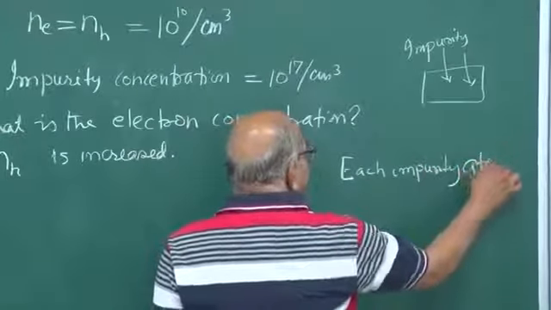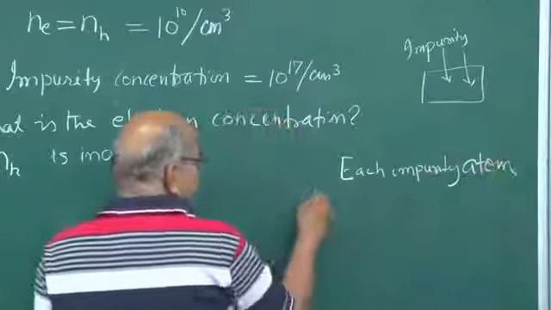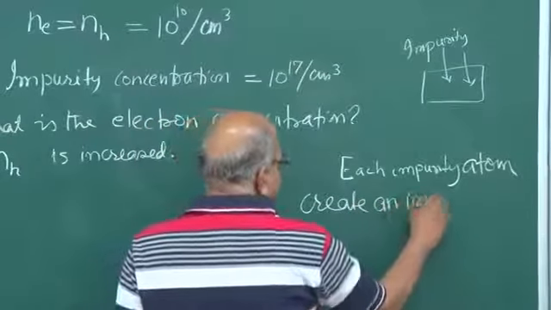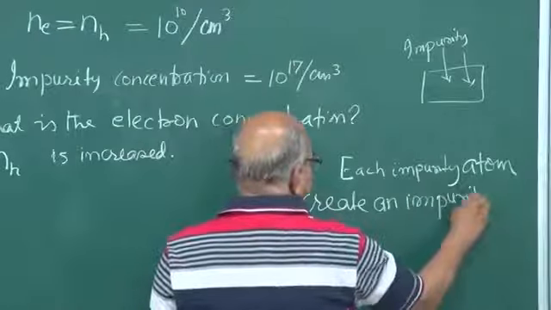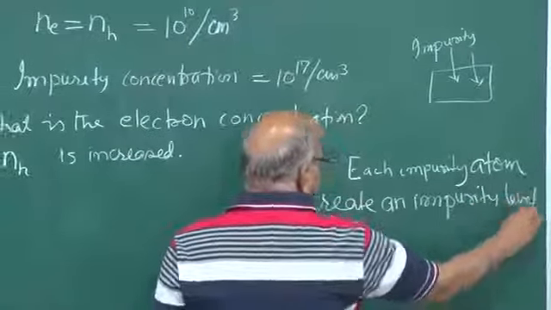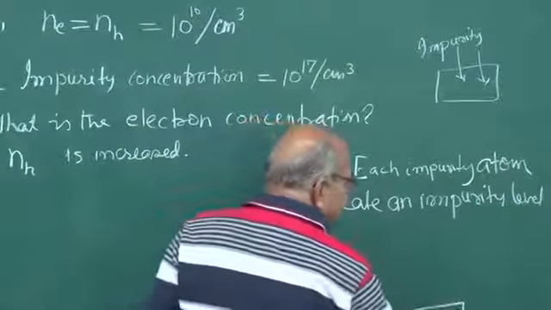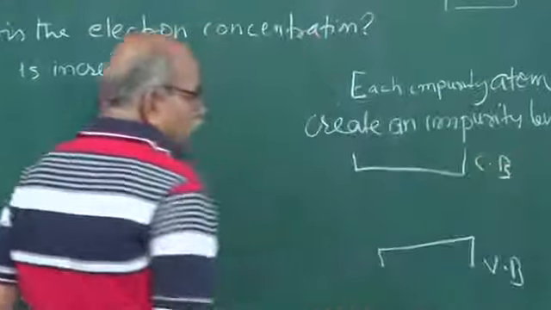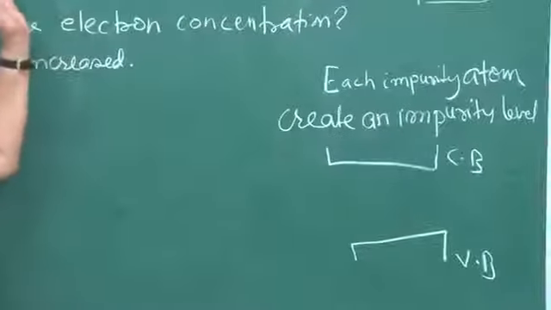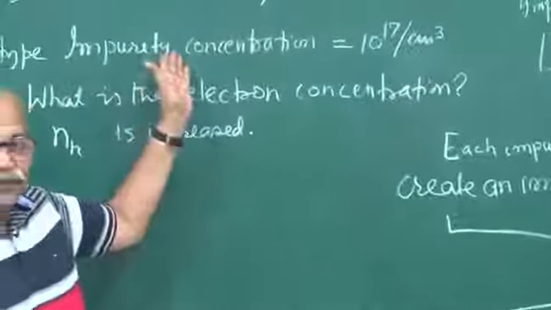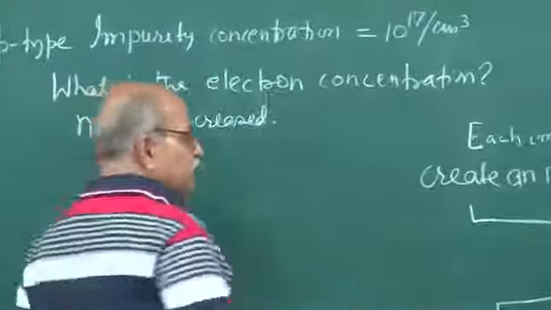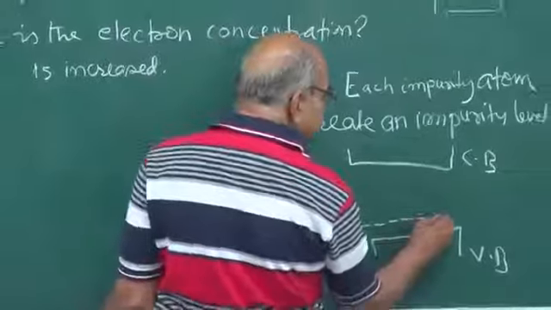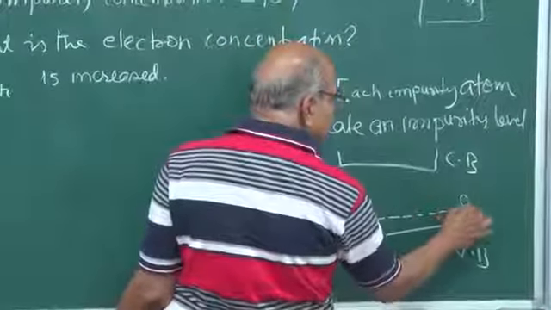atom that you are bringing in creates an impurity level. If you have a valence band and a conduction band, and you dope this p-type impurity to make it p-type, then new energy levels are created near the valence band. These are the impurity levels.